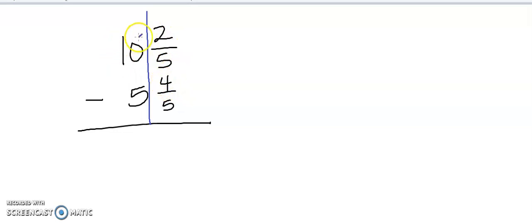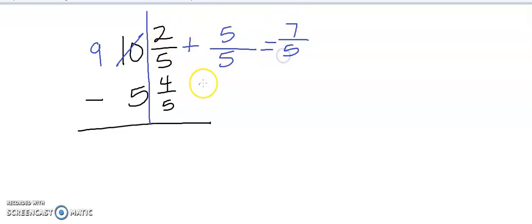No. So I regroup. 10 becomes a 9. And I'm going to add a whole over here. Because my denominator is 5, I have to add a whole. Can it be 1/5, 2/5, 3/5, 4/5, or 5/5? Correct. It has to be 5/5. So adding 5/5, I end up with 5 plus 2 gives me 7/5.